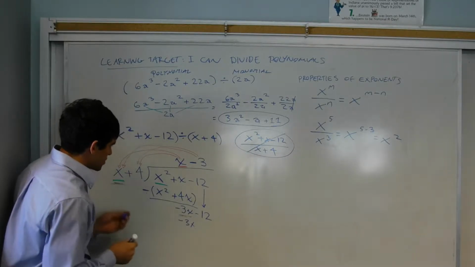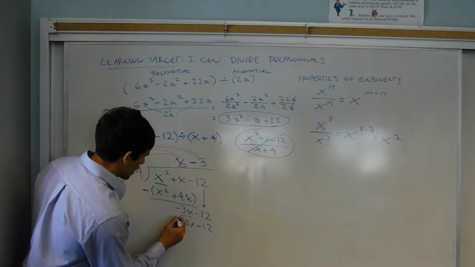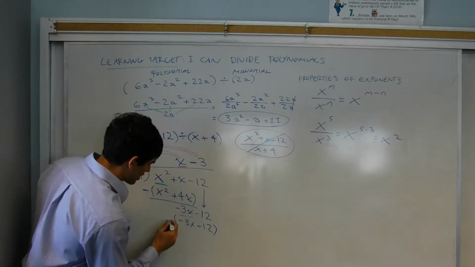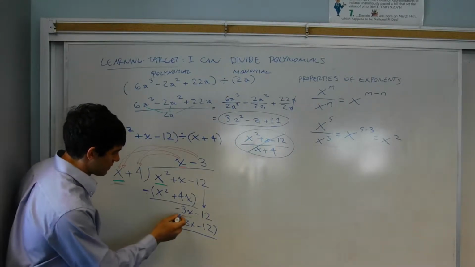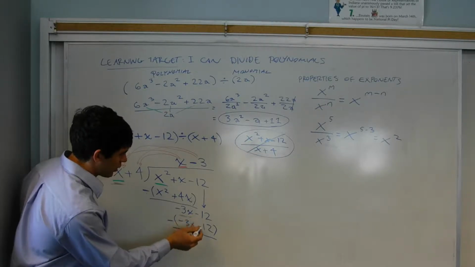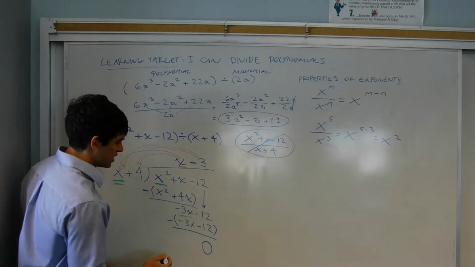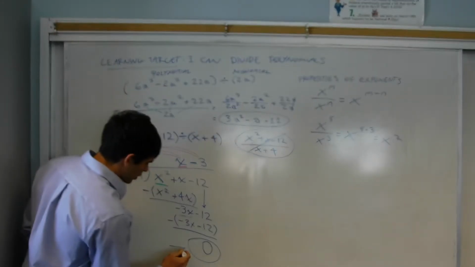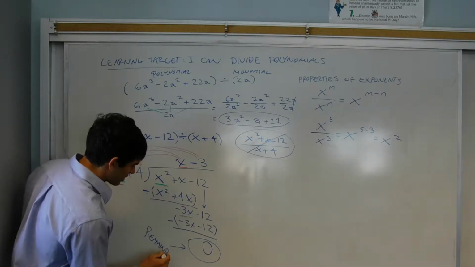Negative 3 times positive 4 is negative 12. And now again, we're going to subtract this term from that one. And we're going to get 3x minus a negative 3x is 0, and 12 minus a negative 12 is equal to 0 as well. So we get a 0 down here, which is what we refer to as our remainder.